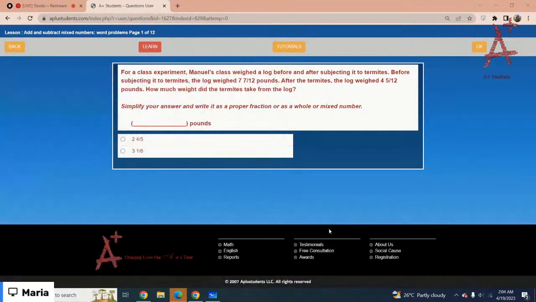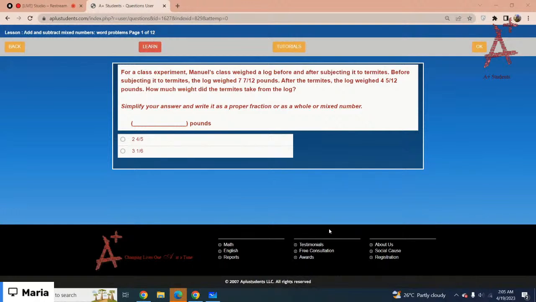Manuel's class weighed a log before and after subjecting it to termites. Before subjecting it to termites, the log weighed 7 whole 7 by 12 pounds. After the termites, the log weighed 4 whole 5 over 12 pounds. How much weight did the termites take from the log?